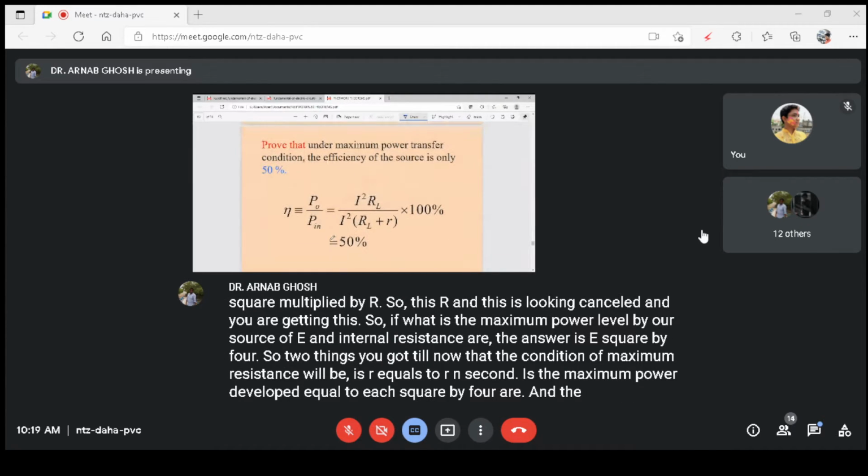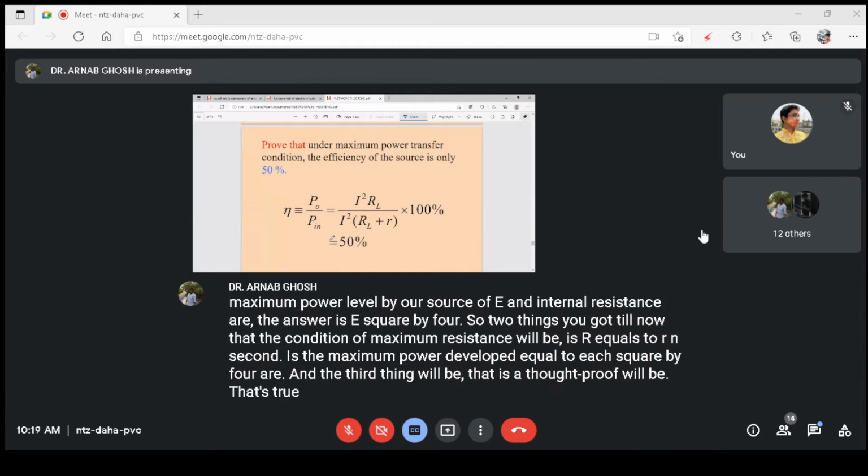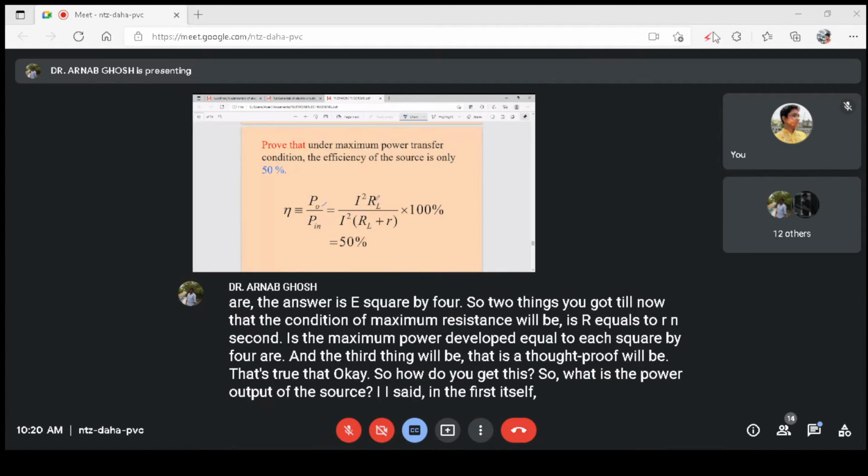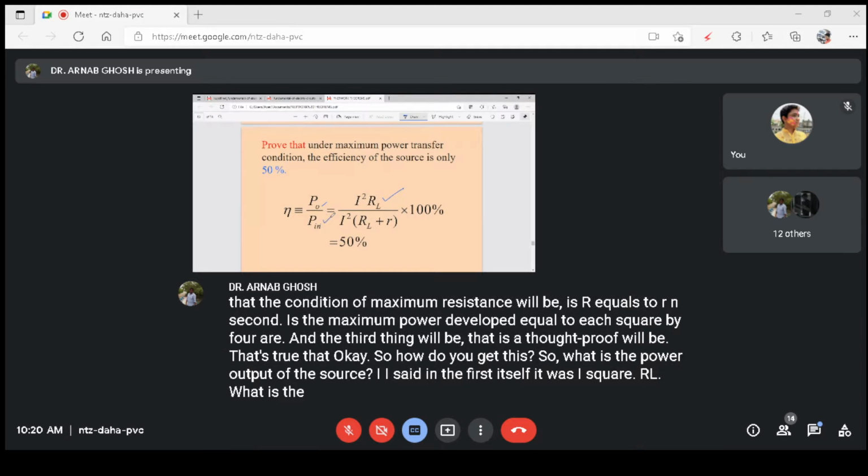And the third thing, the third proof, will be the proof that efficiency is 50%. So how do you get this? What is the power? I said in the first itself, it was I square RL. What is the input power?